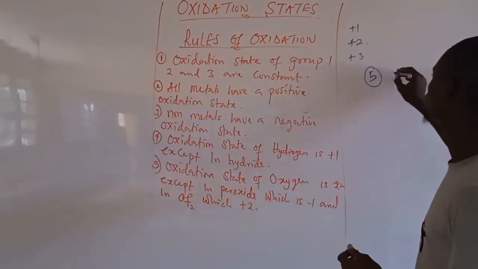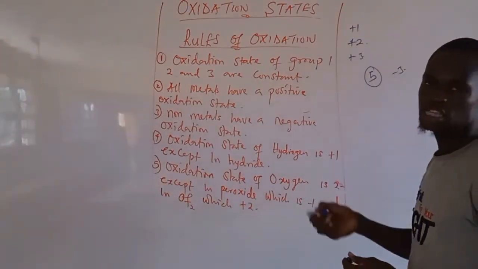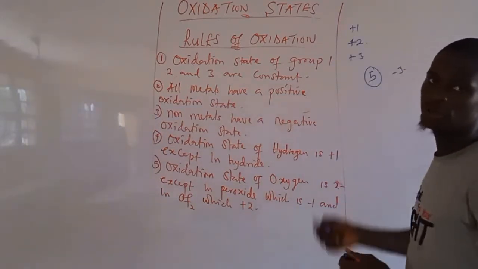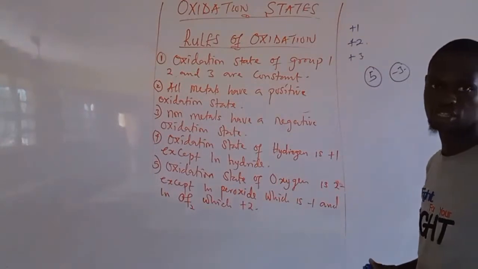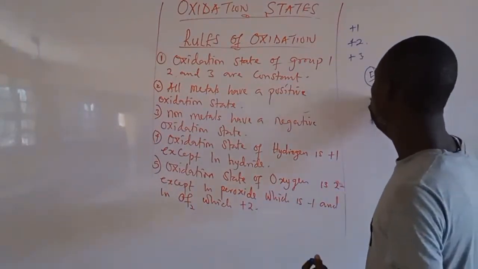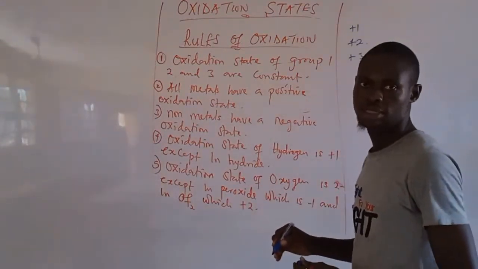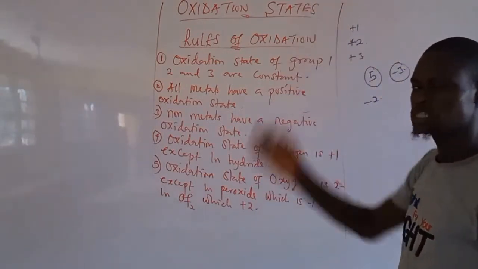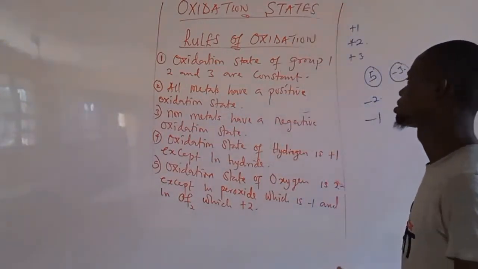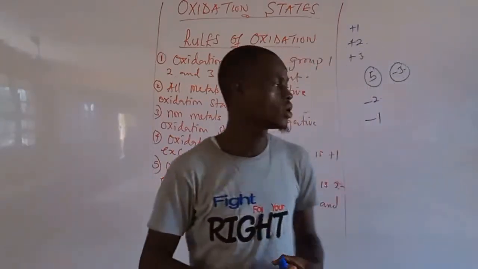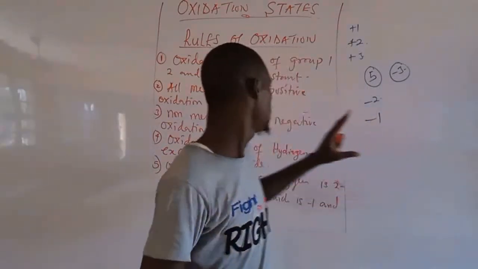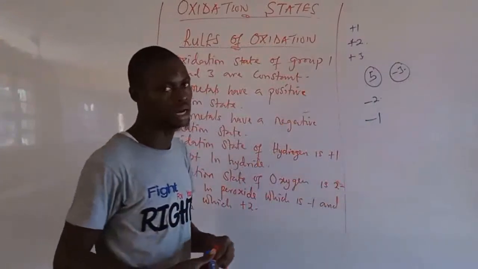The oxidation state should be -3 because they need 3 electrons to complete their octet structure. So the oxidation state of nitrogen is -3, while that of oxygen is -2, and that of group 7 is -1. All these are non-metals, so their oxidation state is given by their group number also.